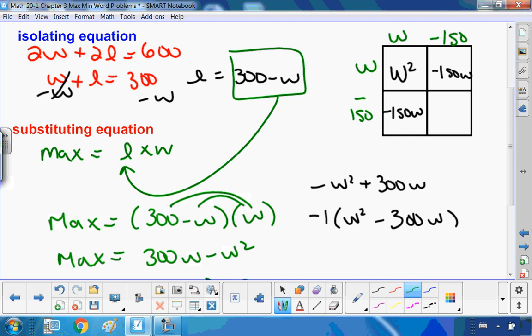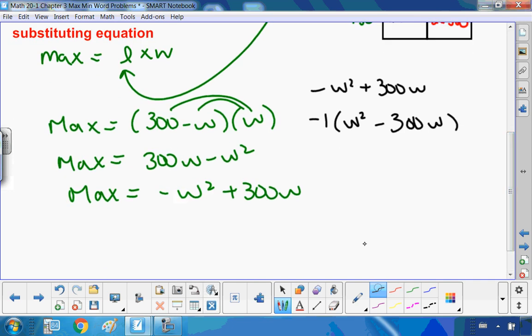And I always want to check just to see if I did that right. So W times W is W squared, negative 150 times W is negative 150W, W times negative 150 is negative 150W. So what will complete the square is negative 150 times negative 150, or 22,500.